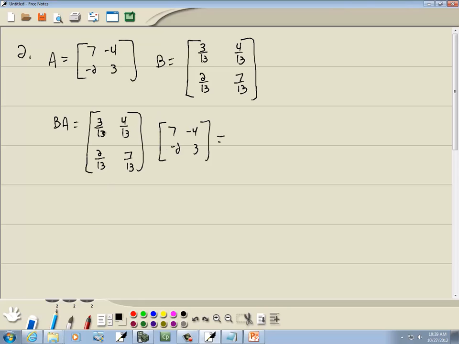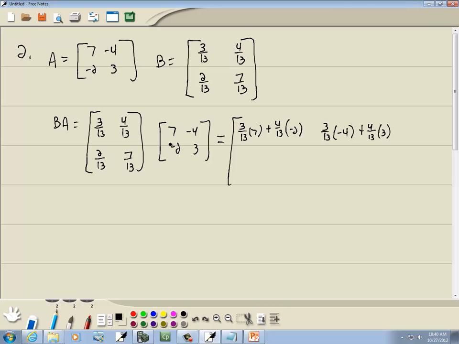Okay, so take our first row times our first column. So we got 3/13 times 7 plus 4/13 times negative 2. Then take our first row times our second column. So we got 3/13 times -4 plus 4/13 times 3.